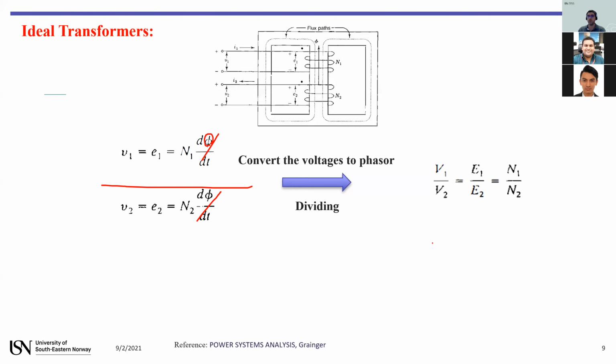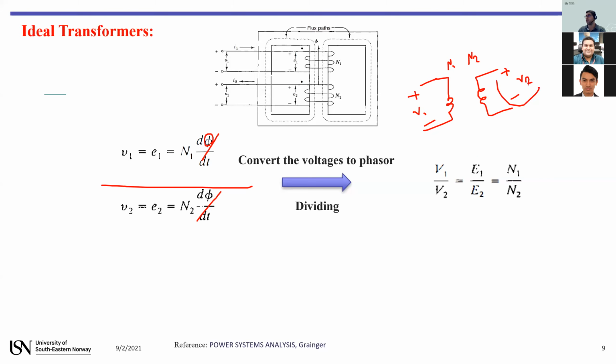And anywhere you can say, for example, if you have a transformer, and here is V2, and here is V1, the turns are N1 and N2.